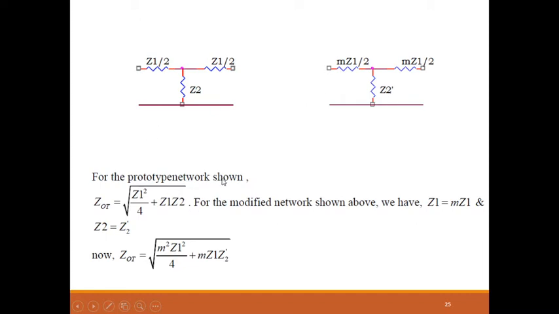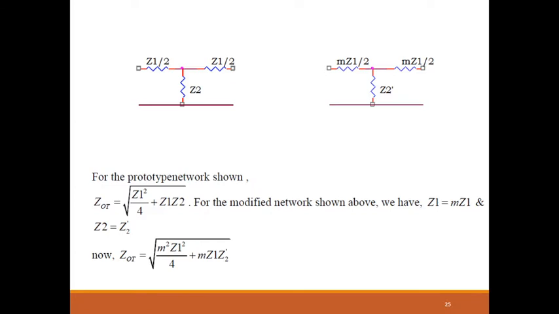For the prototype shown in the above figure, the ZT, that is the characteristic impedance or equivalent impedance value, we know Z0T should be equal to the square root of Z1 square by 4 plus Z1 into Z2, a common expression obtained in the ladder circuit.